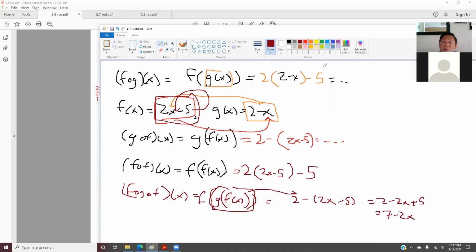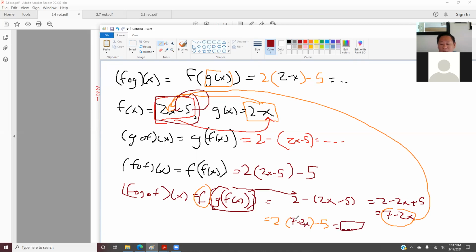And then what you need to do next is you take this and you plug it back into your f again. So you will get 2 parentheses minus 5, and this x will be replaced by 7 minus 2x. And whatever you do, you distribute and so on, that's your answer.